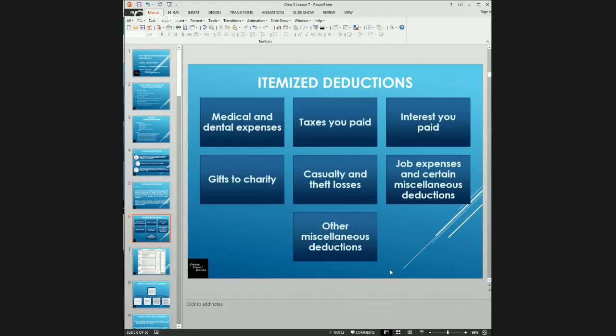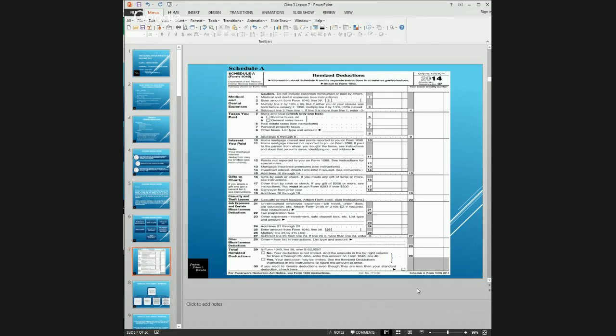Itemized deductions, we can use medical and dental expenses, taxes that are paid, certain interest payments, as well as gifts to charity. There is the ability to use casualty and theft losses, as well as job expenses and other certain miscellaneous deductions. This is actually all pulled together on the Schedule A, and the Schedule A is the form for itemized deductions.